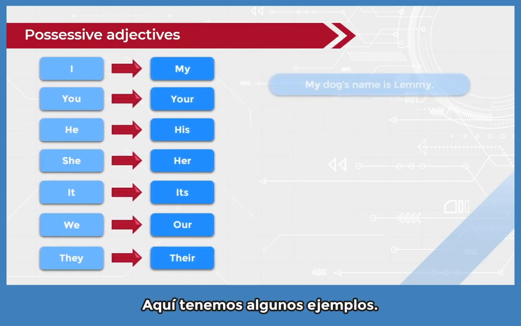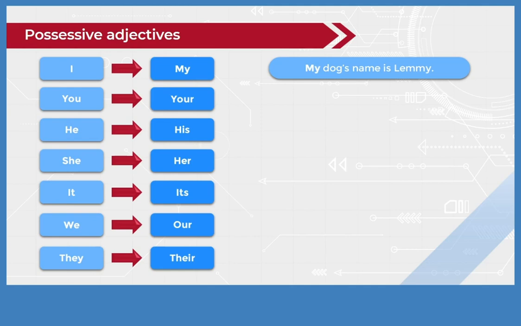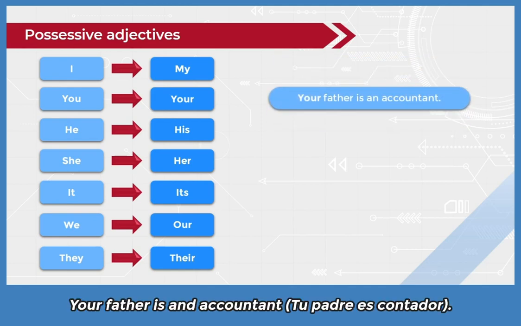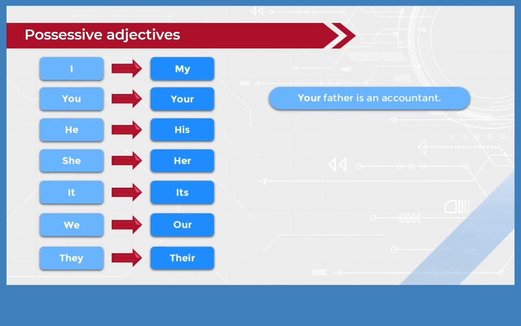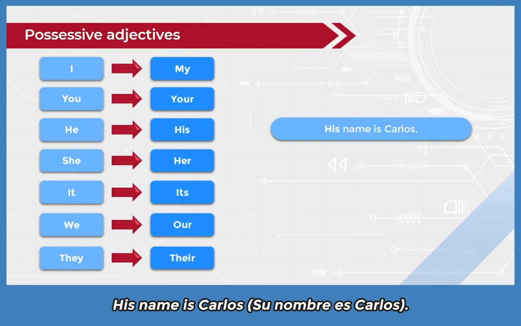Here we have some examples. My dog's name is Lemmy. Your father is an accountant. His name is Carlos.